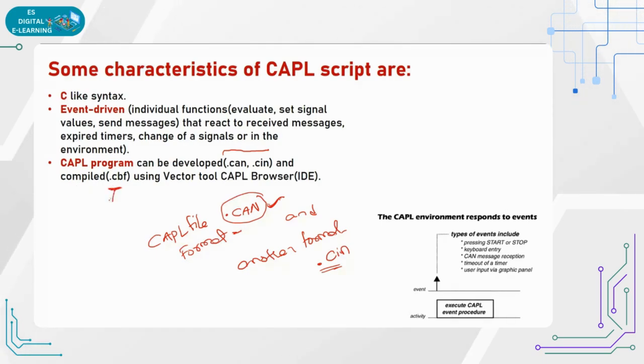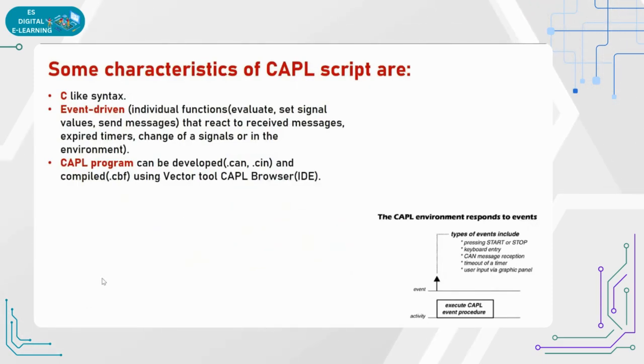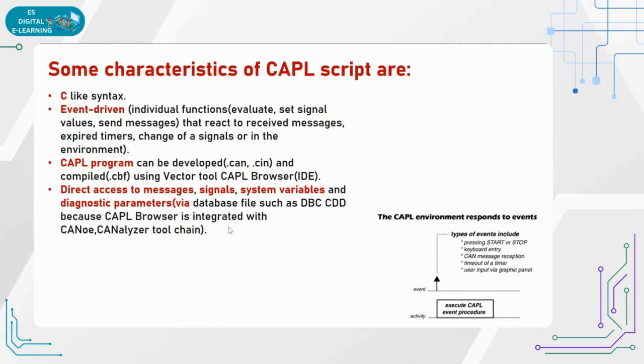We cannot see this file, but it is just for your understanding. Next is how we are able to access those messages. With the help of the .dbc file from the CAPL browser, we are able to access the system variables, messages and signals. Further we'll do it and we can understand.